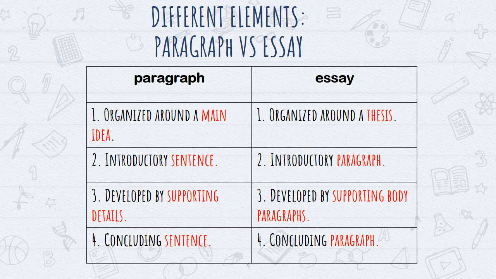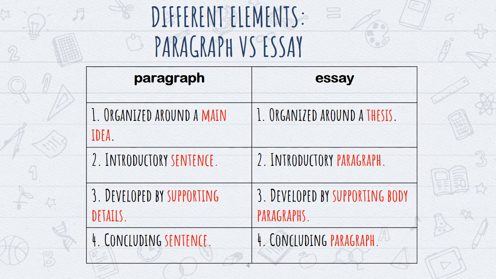Number 2, the introductory sentence. The introduction in a paragraph is a sentence. You introduce your paragraph by writing a sentence. In the essay, we introduce it by writing a paragraph. Number 3, it is developed by supporting details. You develop your paragraph by using supporting details that are related to your main idea.